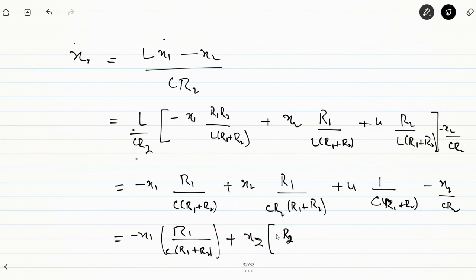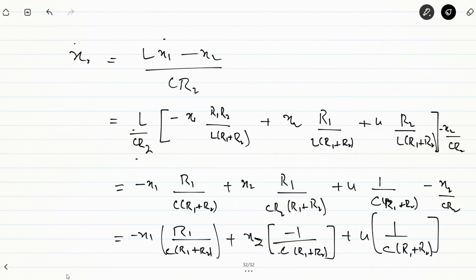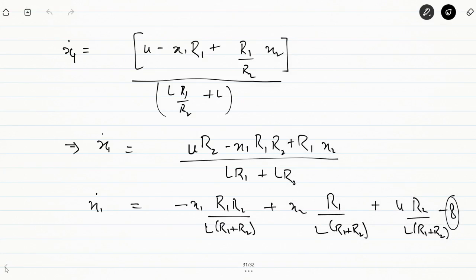That will come out to be minus R2 divided by CR2 divided by R1 plus R2. R2 भी cancel out हो जाएगा, so this will be only minus 1 by C R1 plus R2. So you can do the mathematics. Minus 1 by C R1 plus R2 plus U 1 by C R1 plus R2. So it's time consuming, but it's a simpler method.